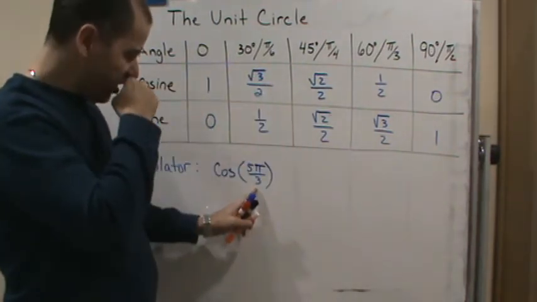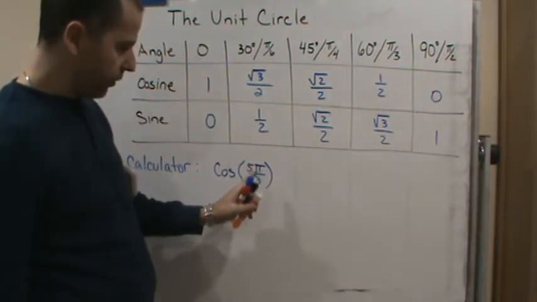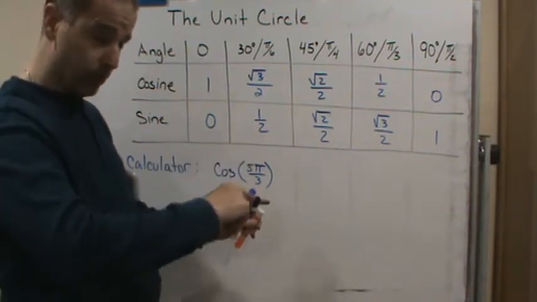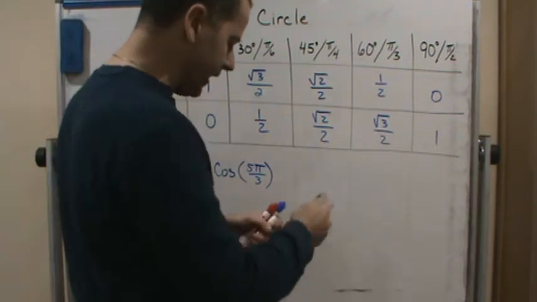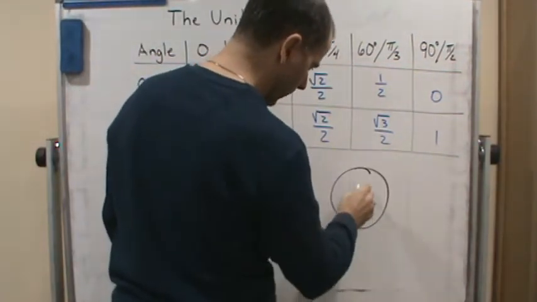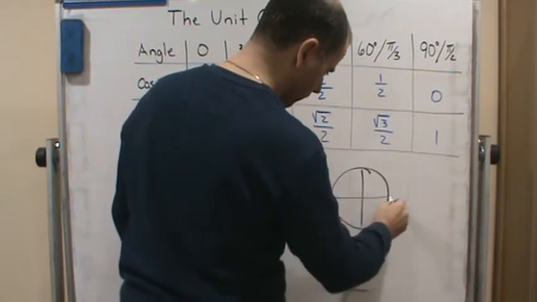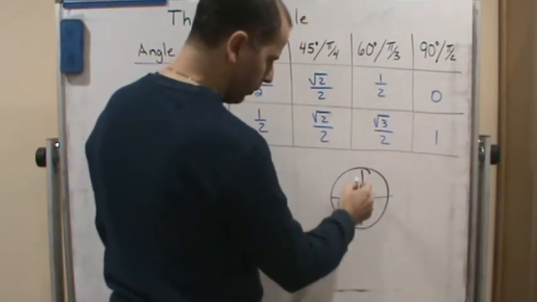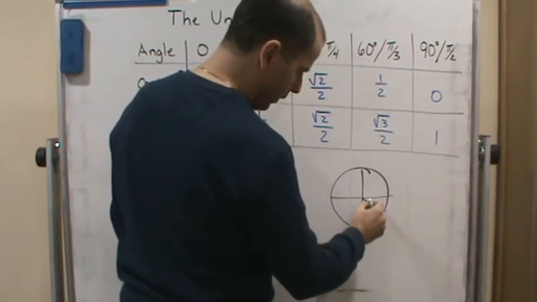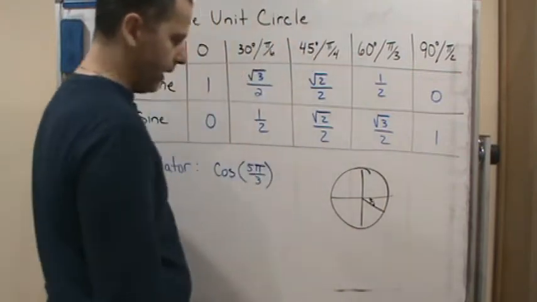So it's 1/3 pi from a whole revolution. On the unit circle, we're almost around, and we're pi over 3 away.